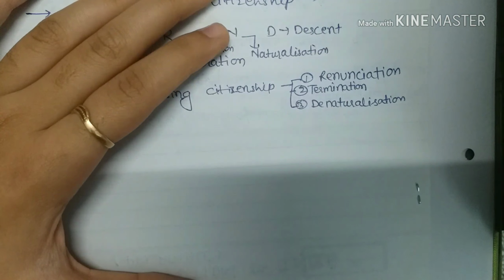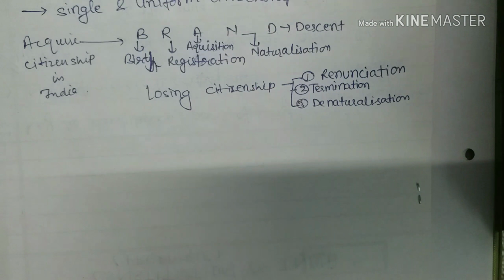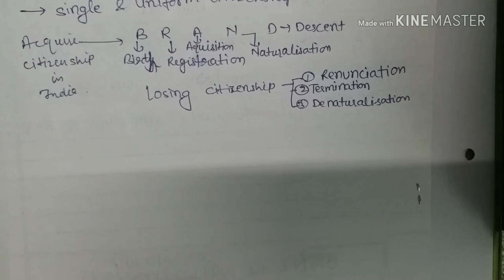Okay, renunciation means voluntarily losing the citizenship. If somebody has multiple citizenships of different countries, then he has to renounce the citizenship of India. Then termination of citizenship is basically acquiring another country's citizenship and then leaving the citizenship.